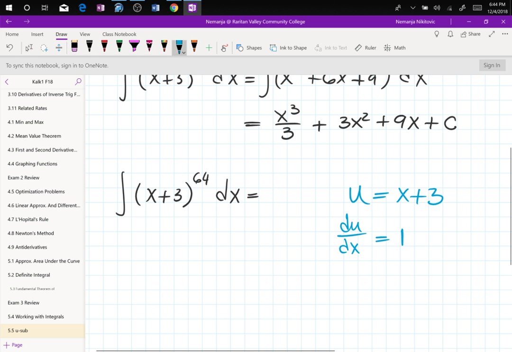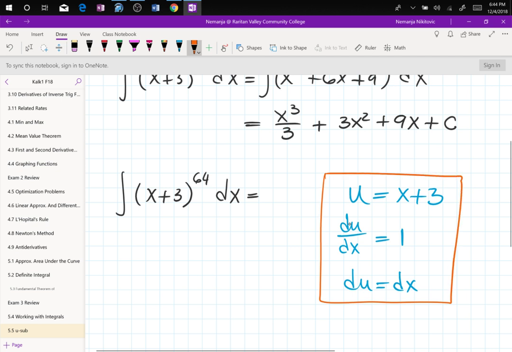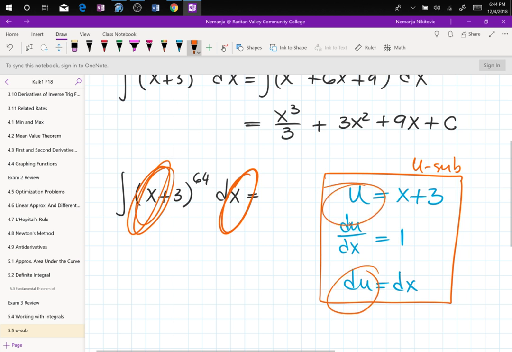And then we move dx to the other side, so du is actually equal to dx in this case. So what you have in this orange rectangle over here is what we call u sub, because we replaced both x values with u values in this transformation.